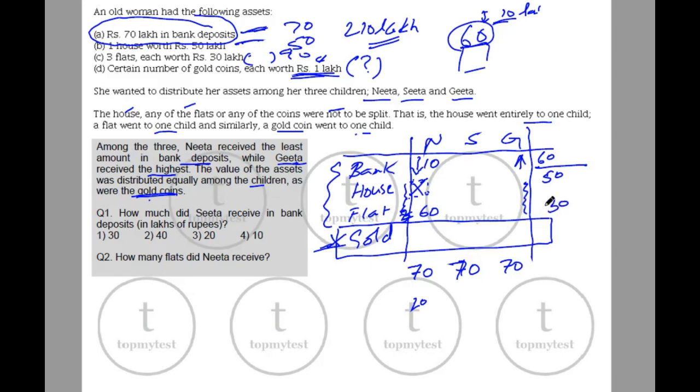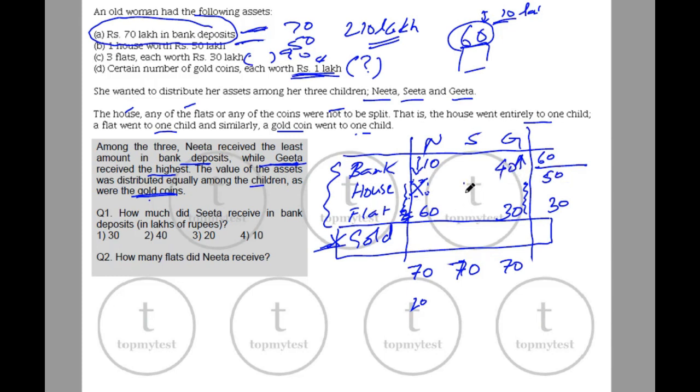Now if Sita gets the flat, she cannot get the house. The rest has to be through bank deposits, but then Geeta will get the house and she will get lesser bank deposits than Sita. It is given to us very clearly that Sita received the highest in bank deposits. So Sita will get the remaining flat, 30 lakhs, and 40 lakhs in bank deposits.